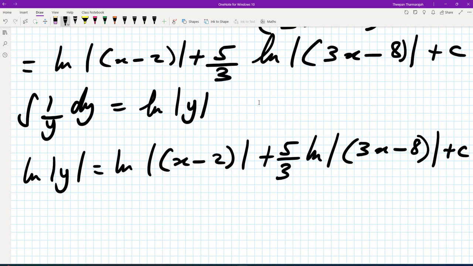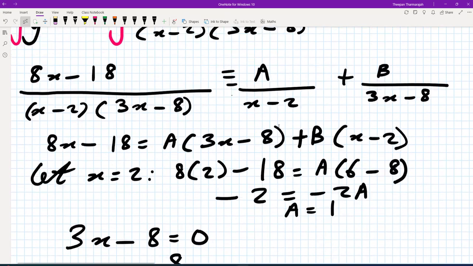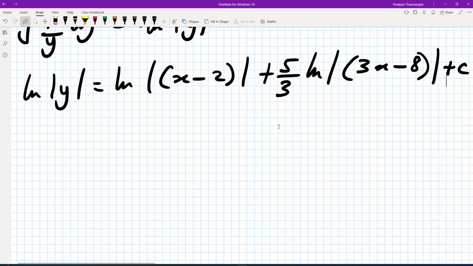Now, they've told us in this question that x equals 3 and y equals 8, so let's do a substitution. When we have these values, we can work out what c is.